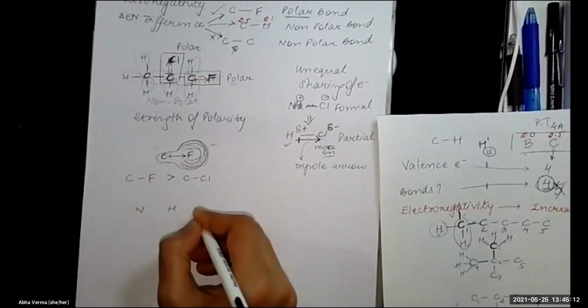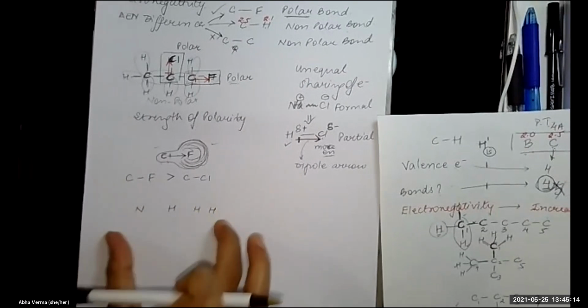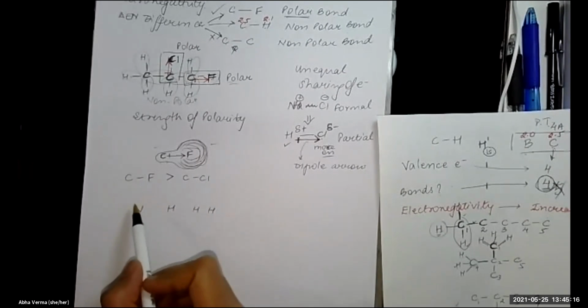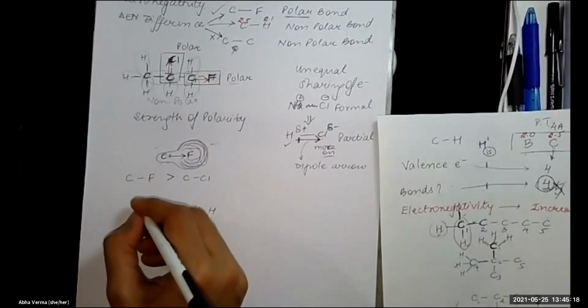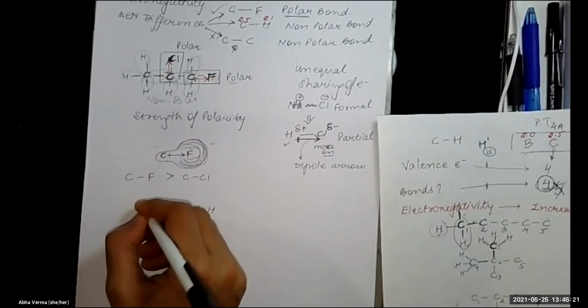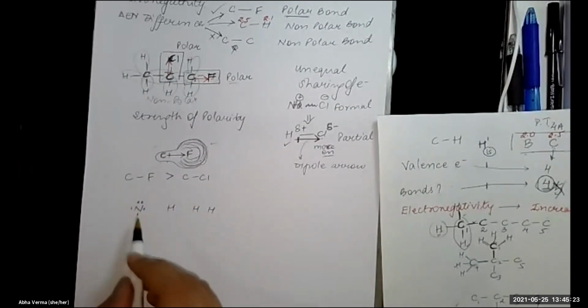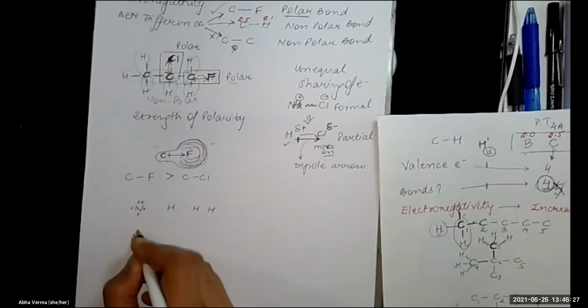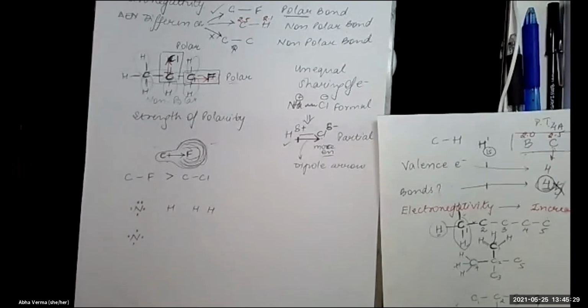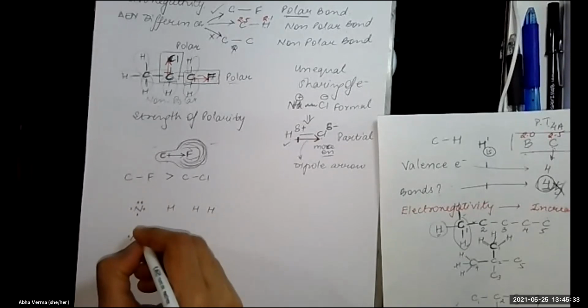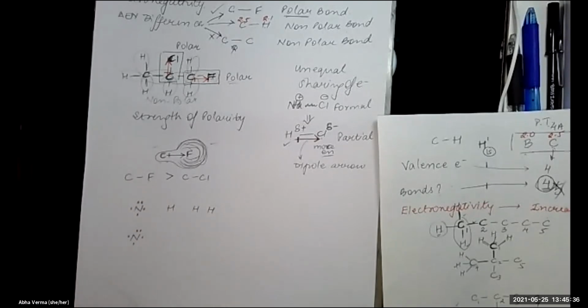So for the Lewis structure, the first thing you need to know is that all nitrogen atoms will have 5 valence electrons. Why did I write it like this? I should have ideally written out the first 4 electrons in this manner and then started to pair them.